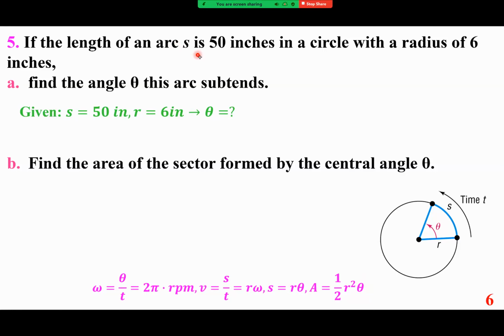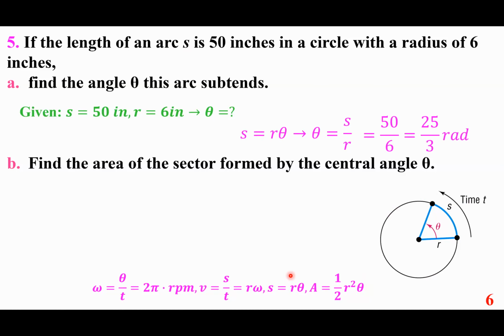We are going to use S equals R theta and find theta, which makes it S over R, or 50 over 6, or 25 thirds radians. Precisely, you can leave it like that. Of course, it's like 8 and 1/3. We want the area. Area of a sector is 1/2 R squared theta.